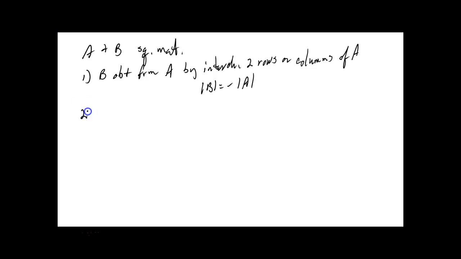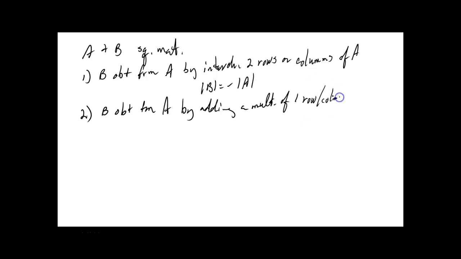Okay? Number 2. When B is obtained from A by adding a multiple of one row to another, or column.